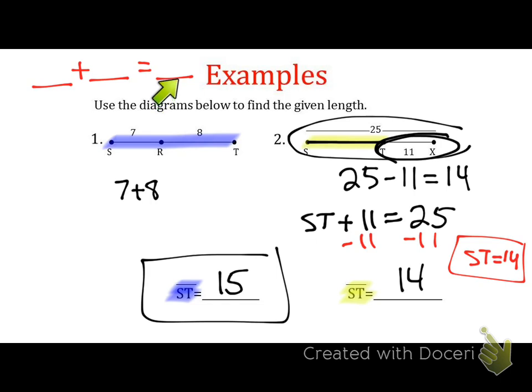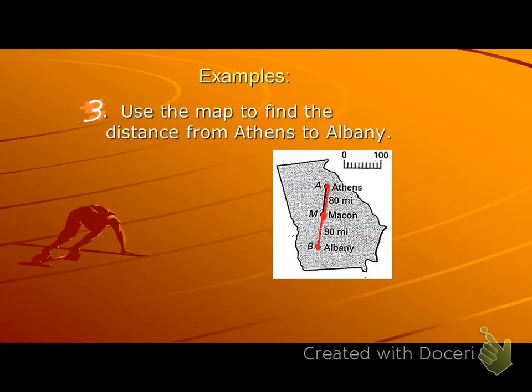Did everybody hear that? And then this guy's always the whole segment. So if you wanted to do that same fill in the blank scenario up here, you would just have the 7 and the 8 on the same side, and then it would equal the whole thing. Just depends what you're given. Any questions? So just draw the little segment.